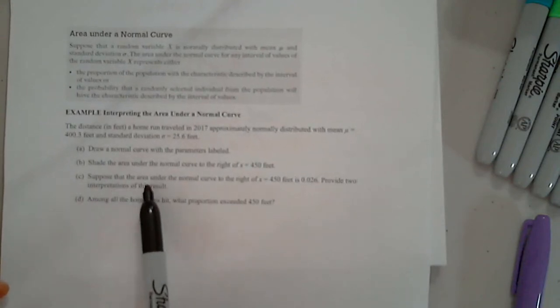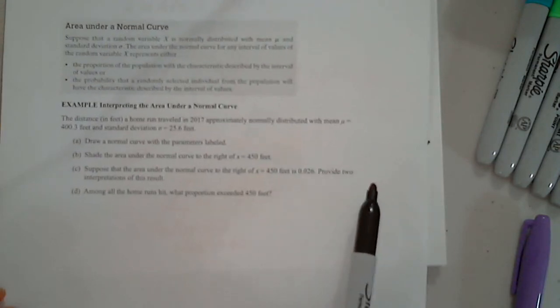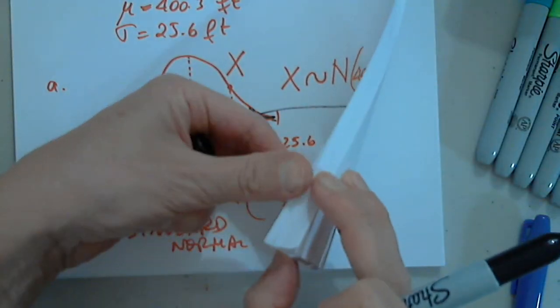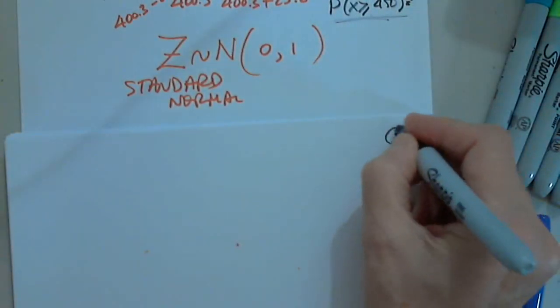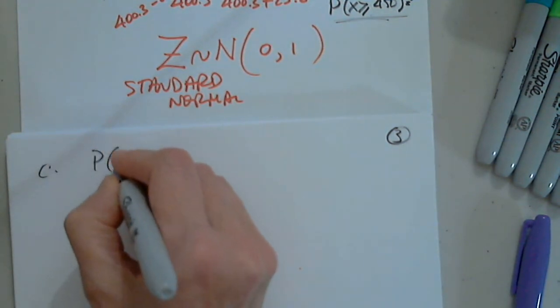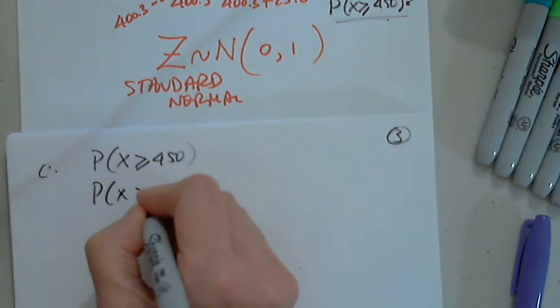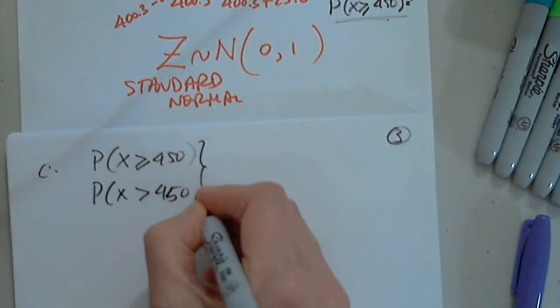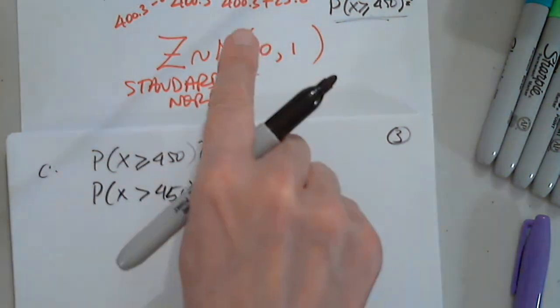Let's see what they ask next. Part C, suppose that the area under the normal curve to the right of 450 is 0.026. Provide 2 interpretations of this result. Very good. So now they're telling us, okay, this is part C. The probability for x greater than or equal to 450, or greater than 450, they both mean the same thing, because it's continuous.